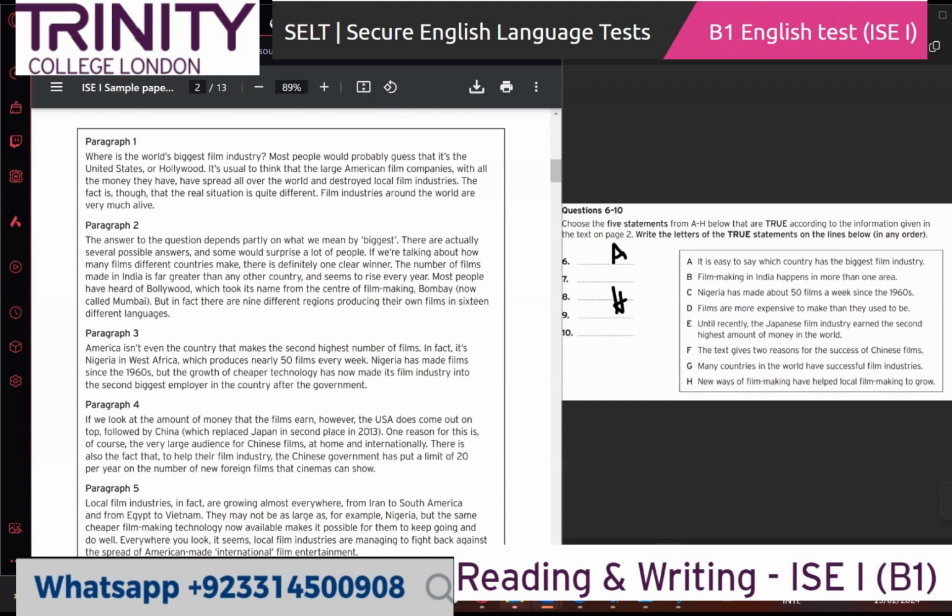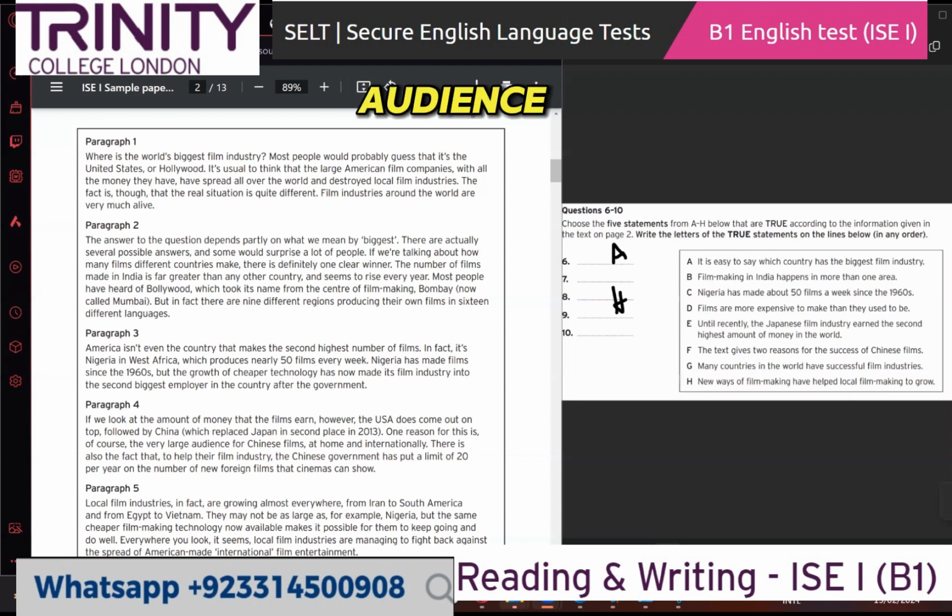Now what I write is H. The text gives 2 reasons for the success of Chinese films. No, but F is true. F is true because they have given us 2 reasons.